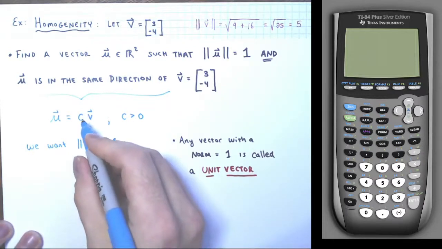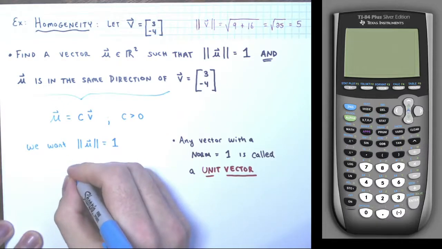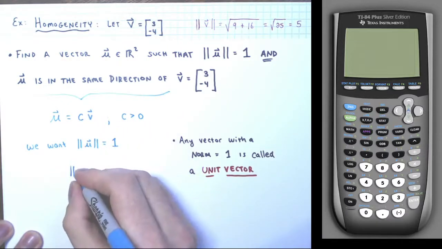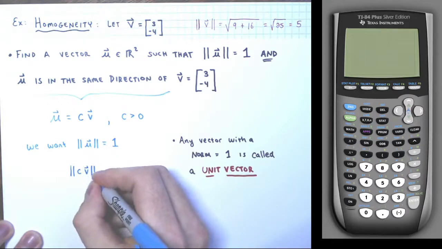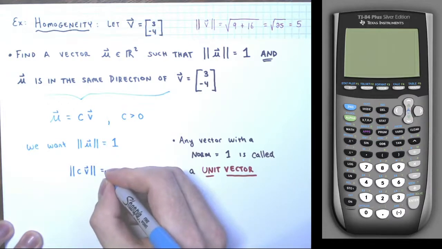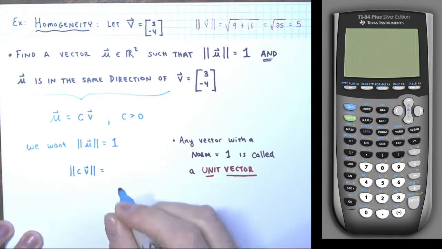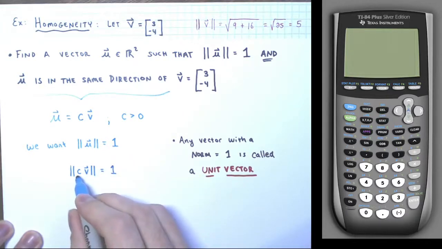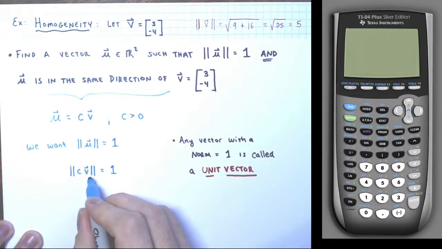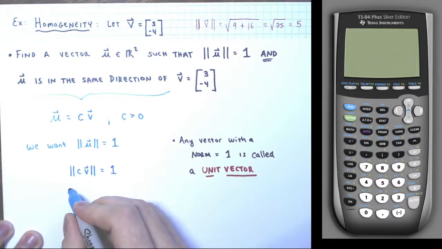So remember, if u points in the same direction as v, that means u can be replaced with c times v. And we want the norm of c times v to be equal to 1. Remember from a second ago, by the homogeneity property, the norm of c times v is the absolute value of c times the norm of v.